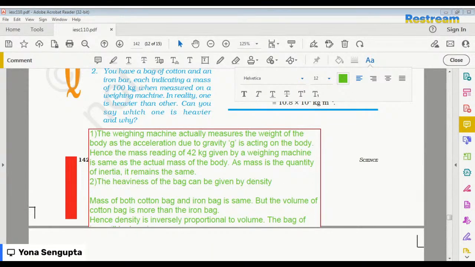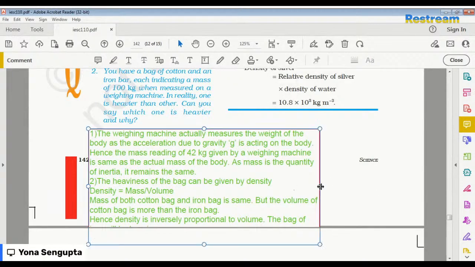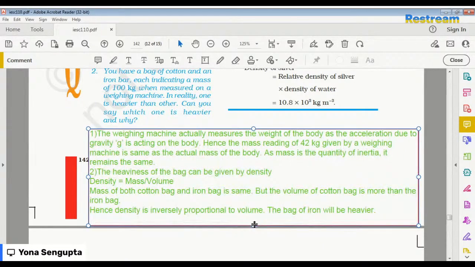So the formula would be density equals mass by volume. So this is the answer.